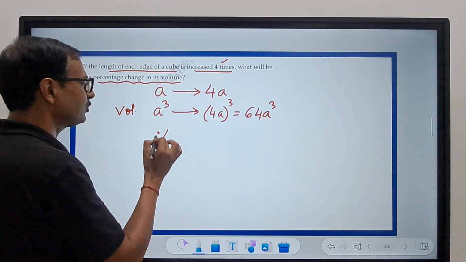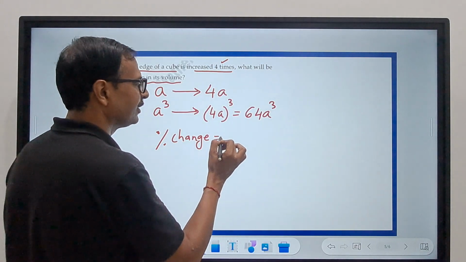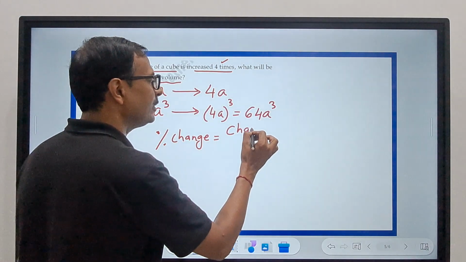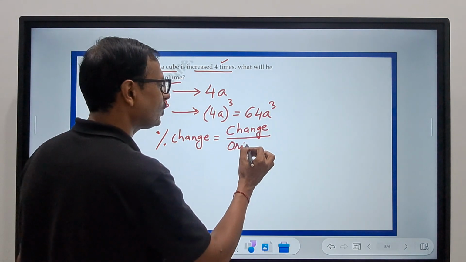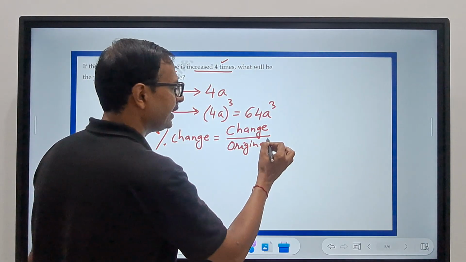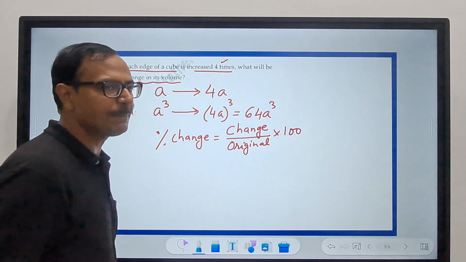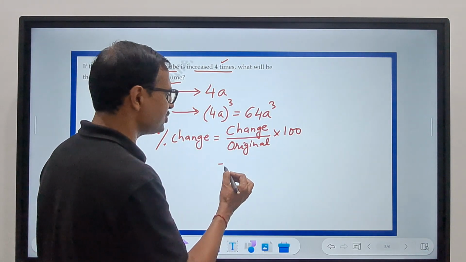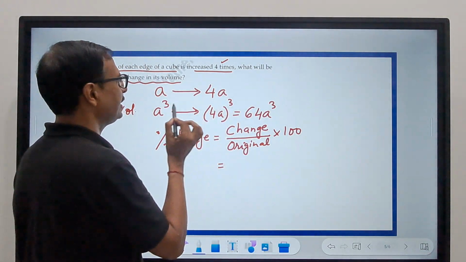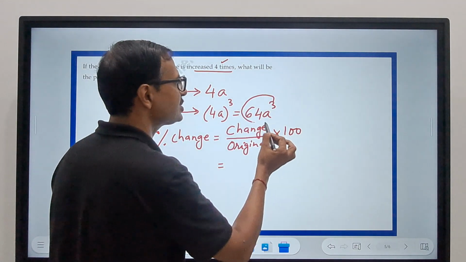And whenever we have to find the percentage change in anything, just see how much change is there, divide it by the original quantity and multiply it by 100. Now this is the general formula for finding the percentage change in any quantity. So what is the change? Originally it was a cube, the volume was a cube, and now it is 64 a cube.